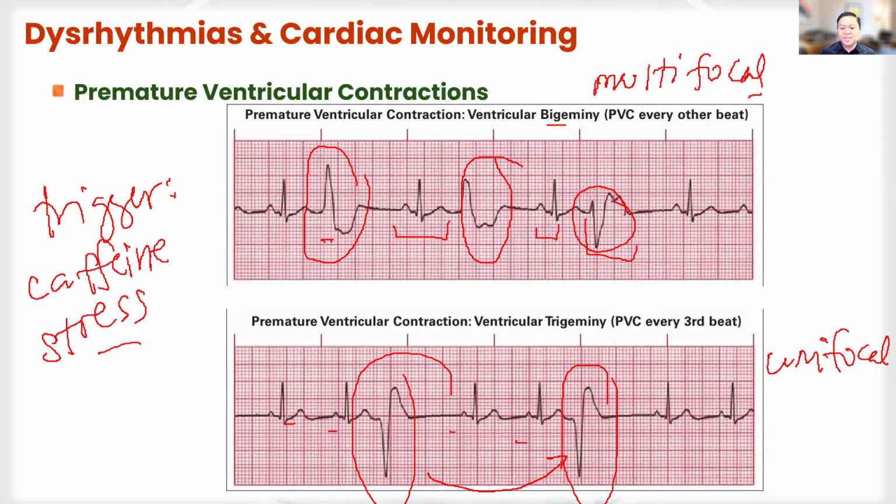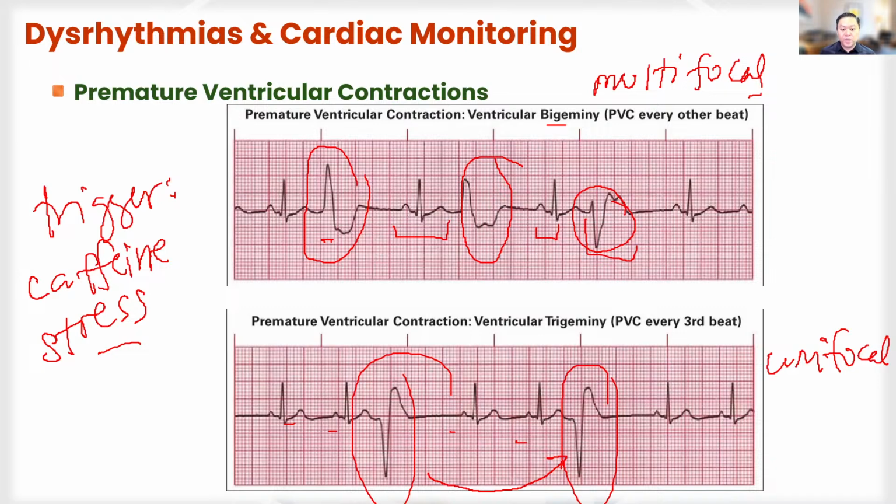Now, what are we going to do here in this patient with a PVC? We are going to treat the cause, because if we let it go, for example, if we allow it to occur more than 5 or 6 occurrences, then it can lead into ventricular tachycardia. So we want to make sure that we are addressing this. We've got to make sure that we're also reviewing the patient's lab studies, maybe potassium, the magnesium.